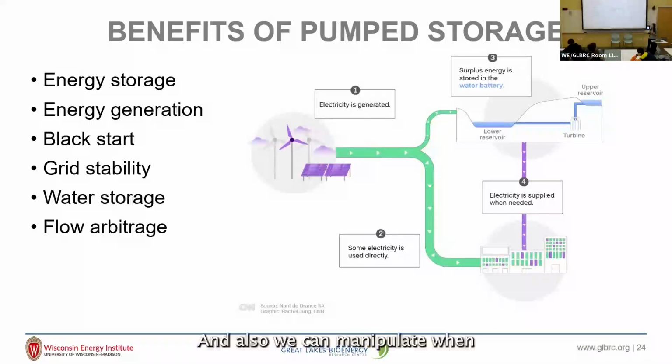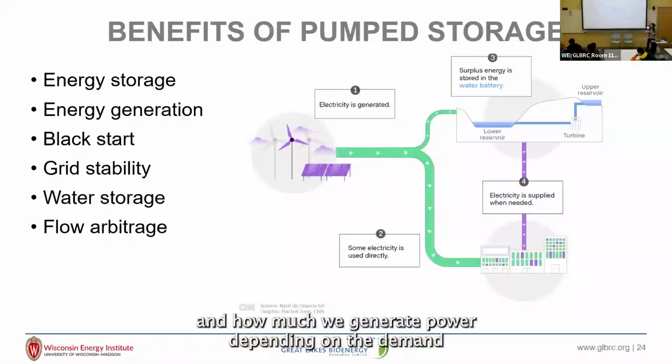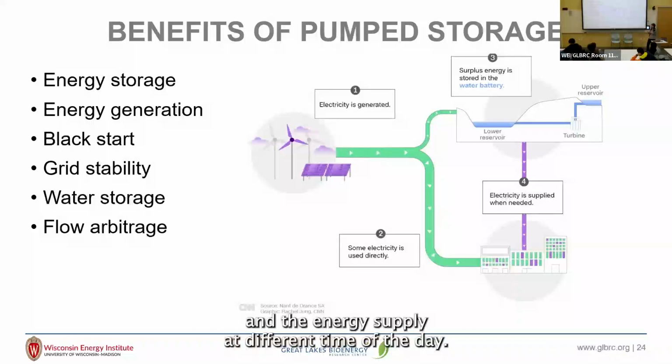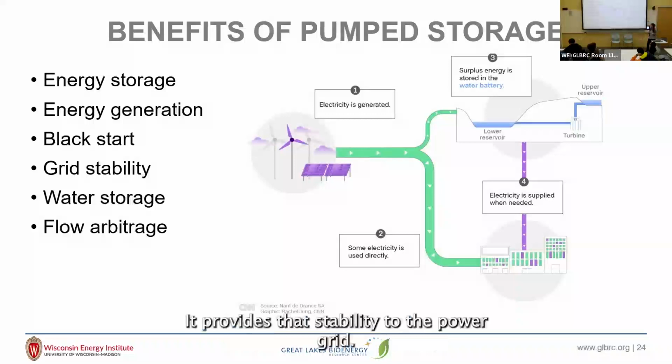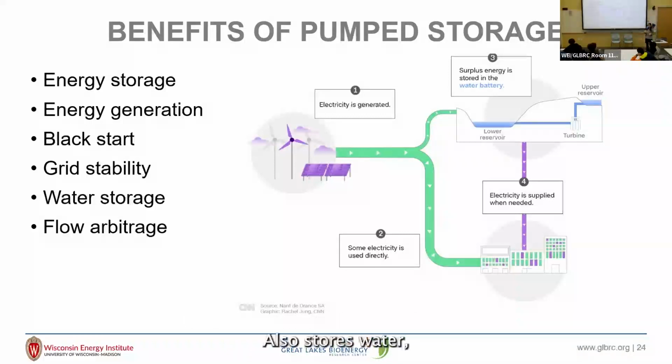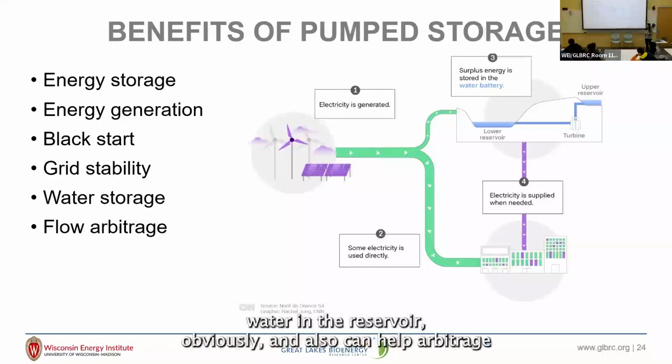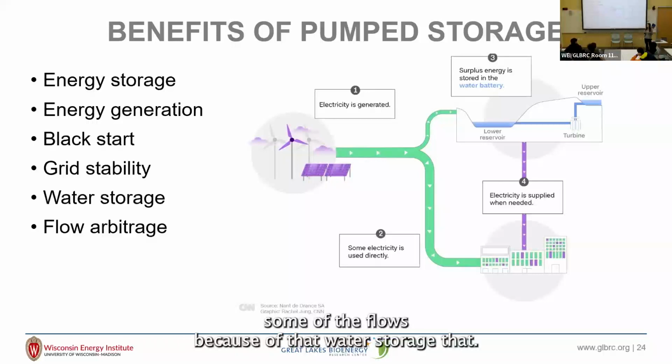Also we can manipulate when and how much power we generate depending on the demand and energy supply at different times of the day, which provides stability to the power grid. It also stores water in the reservoir, obviously, and can help arbitrage some of the flows because of that water storage.